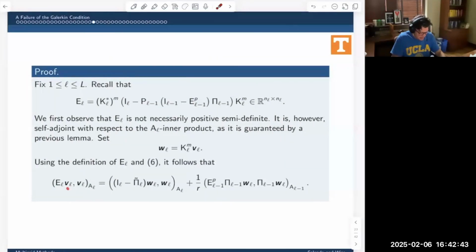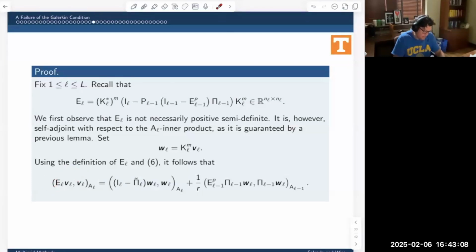When I put VL in that position and I use my definition of EL here, then what happens is I first take this operator here. This is the post-smoother operator, or at least the error transfer associated to that. And I'm going to immediately move it over to the other side.